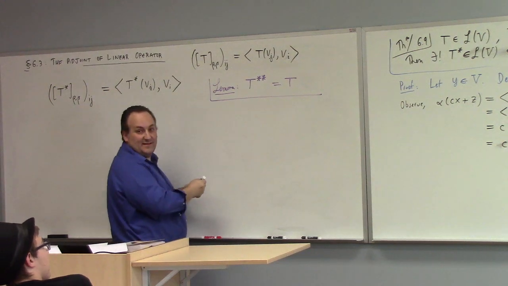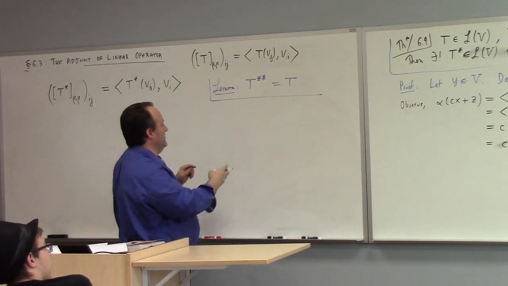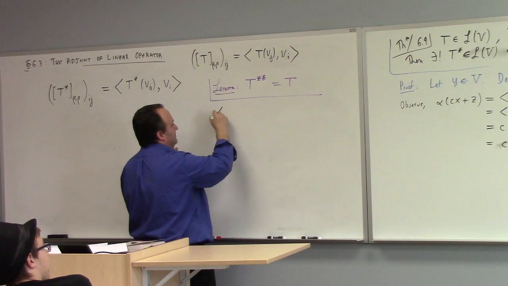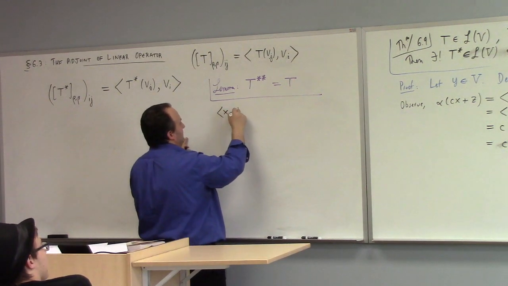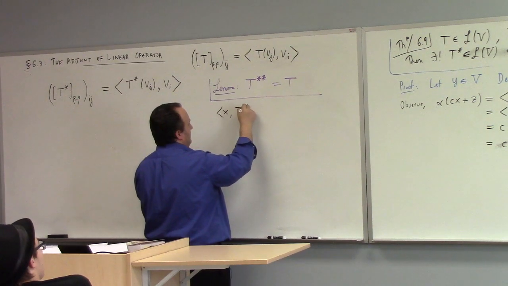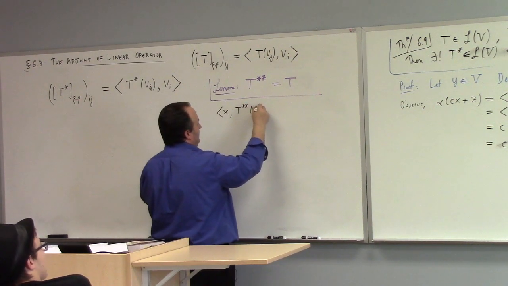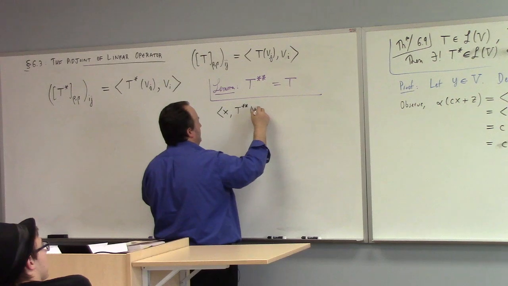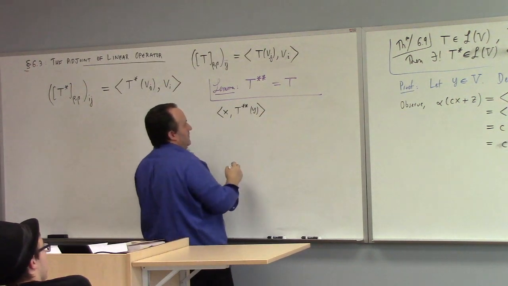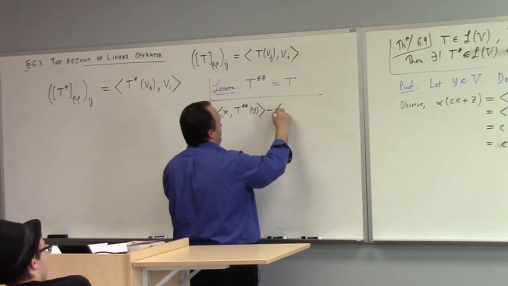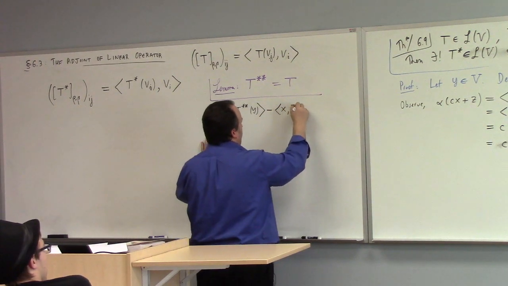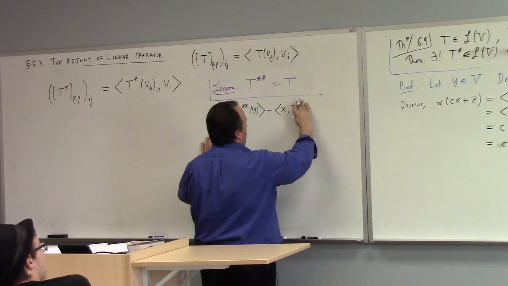What's that? Yeah, I think use the definition maybe. So if we look at x with T star star of y, and we subtract x with T star of y, not T star, T of y.